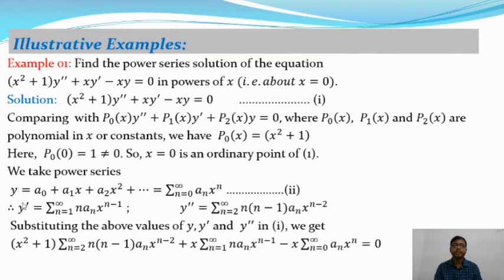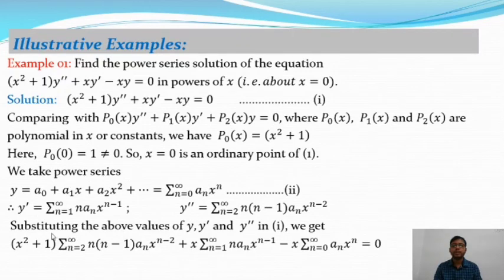Therefore the derivative of equation 2 is y' = summation n = 1 to infinity n an x^(n−1), and as well y'' = summation n = 2 to infinity n(n−1) an x^(n−2).